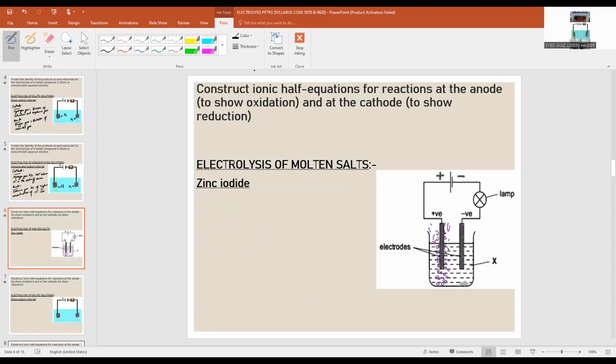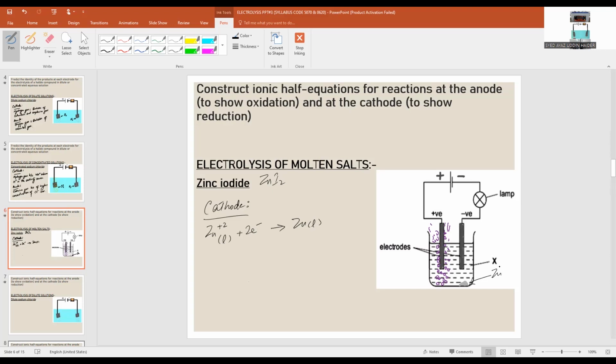Zinc iodide. Now I am going to explain how to construct ionic half equations for reactions at both electrodes. This one is for molten zinc iodide. You know the formula, ZnI2. At the cathode, zinc ions will gain 2 electrons like this: Zn2+ (l) + 2 electrons gives Zn (l). So this is Zn molten.